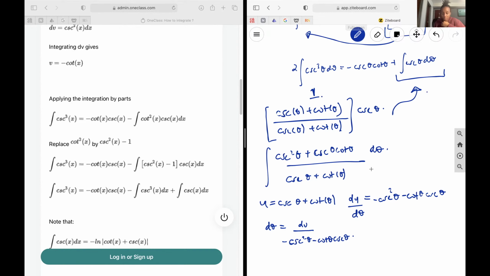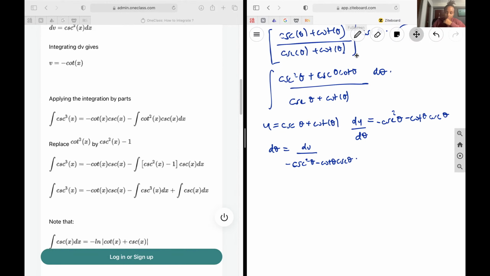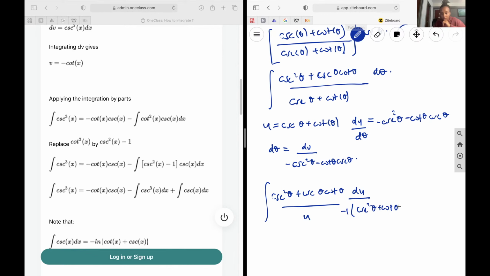And so we're going to substitute this all back in to what we have up here. We get the integral of cosecant squared theta plus cosecant theta cotangent theta over u, and you put in your d theta, so du over negative 1 times cosecant squared theta plus cotangent theta cosecant theta.